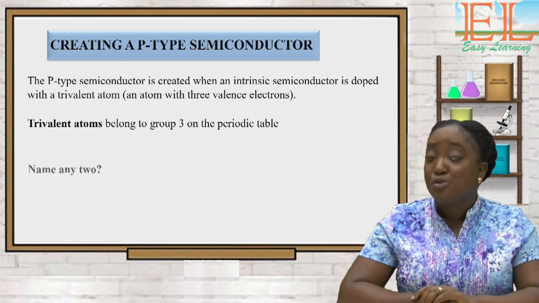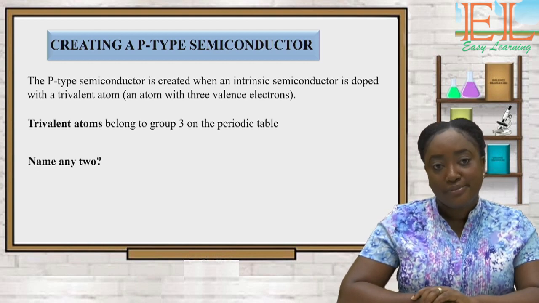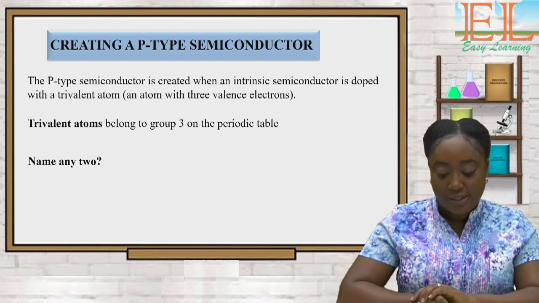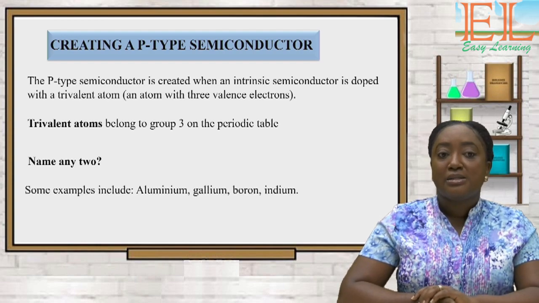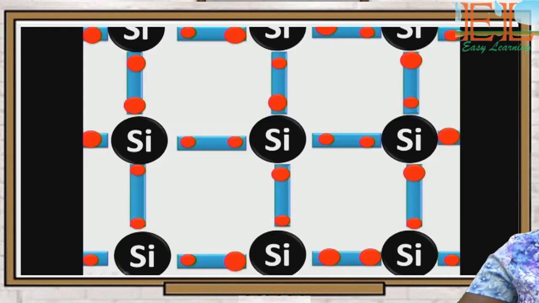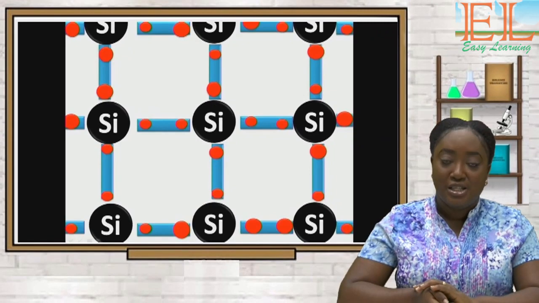Can you name any 2 of group 3 elements? Very fine. Well done. Some examples include aluminium, gallium, boron, and indium. Now let's quickly have a look at this animation too to see how a P-type semiconductor is created.